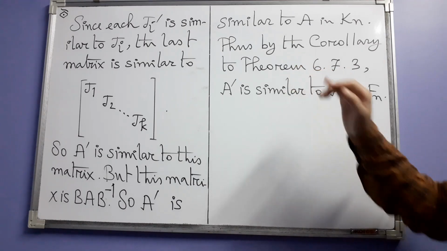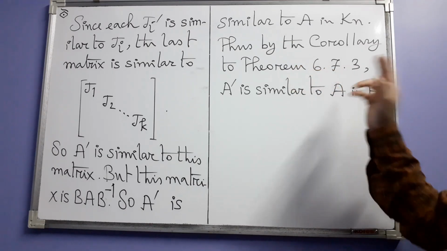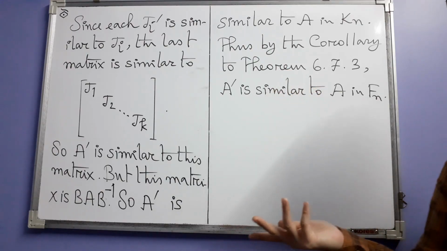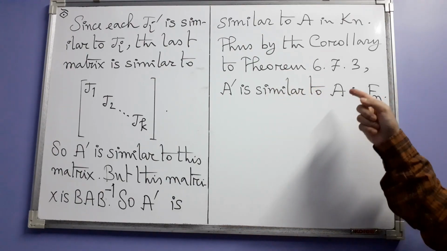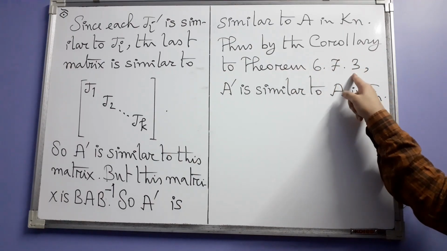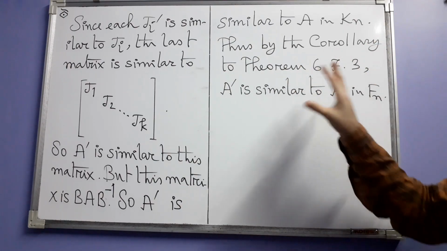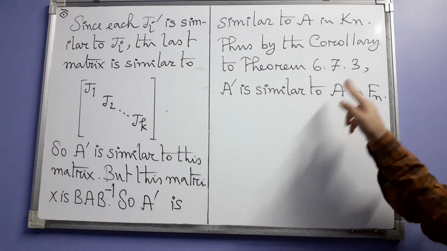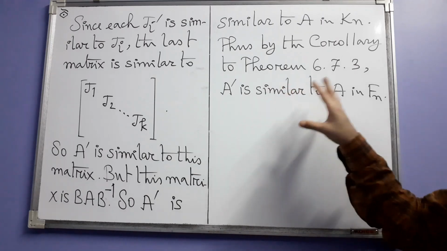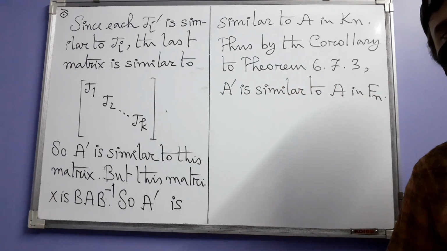However, if you go to the section 6.7, which discusses rational canonical form, there we will see that the last result, that is corollary to theorem 6.7.3, ensures that in this case A prime is actually similar to A in Fn also. So that is how finally we have this claim proved.